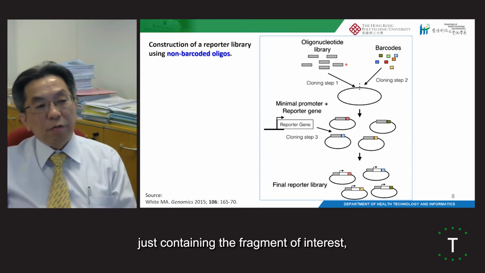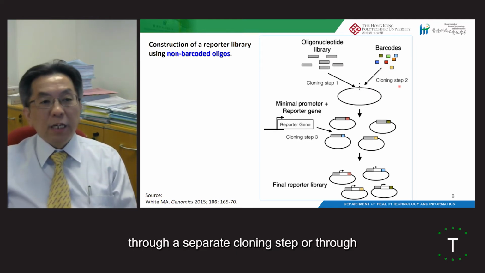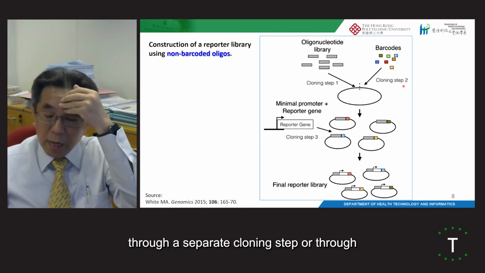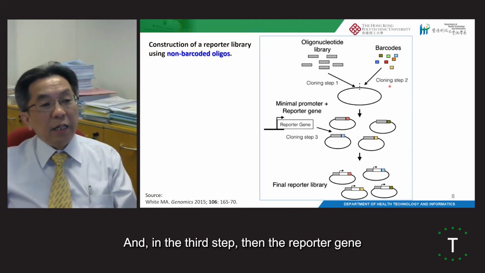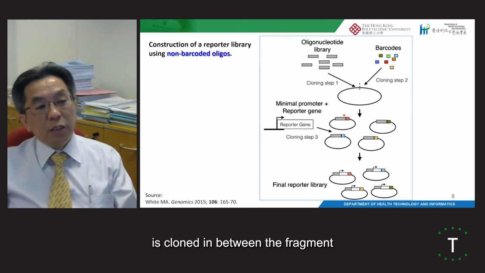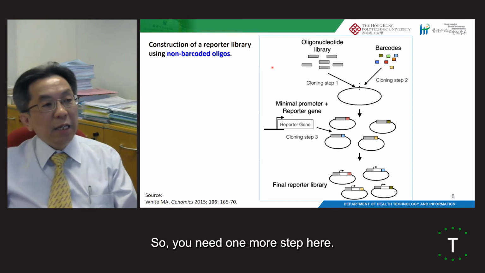The second approach is that the oligo pool is produced on its own, containing just the fragment of interest without the barcode. The barcode is then linked with the fragment of interest through a separate cloning step or through a particular type of PCR procedure. In the third step, the reporter gene is cloned in between the fragment of interest and the barcode. So here you need one more step.